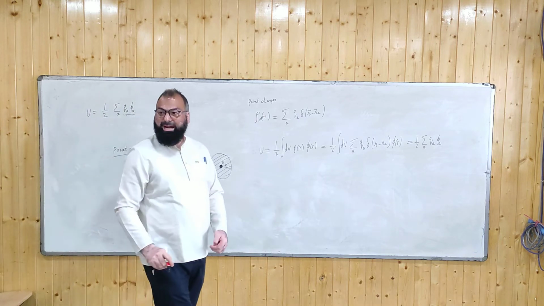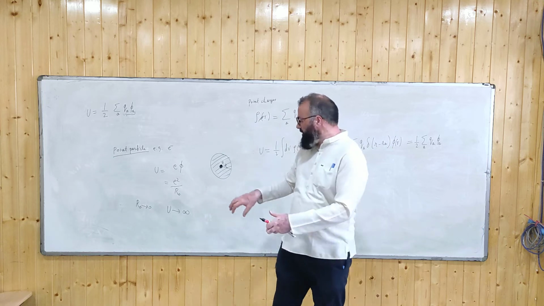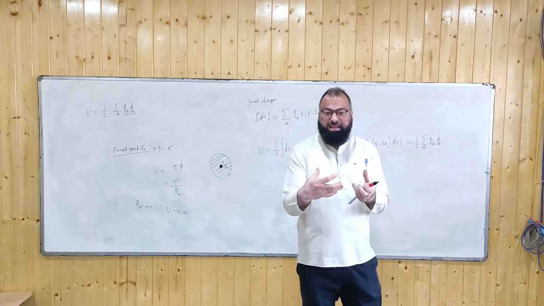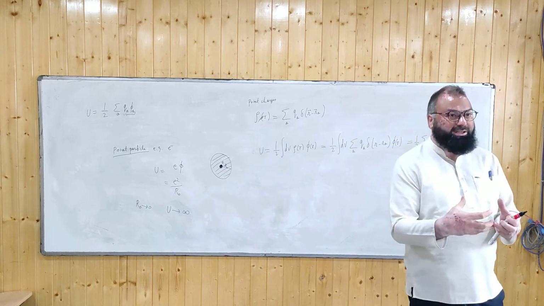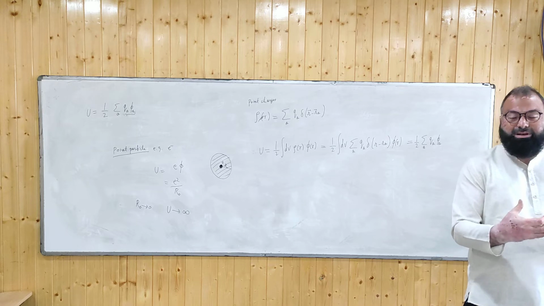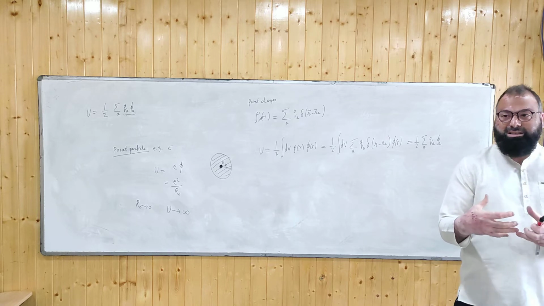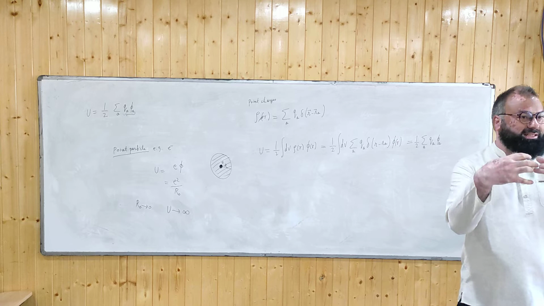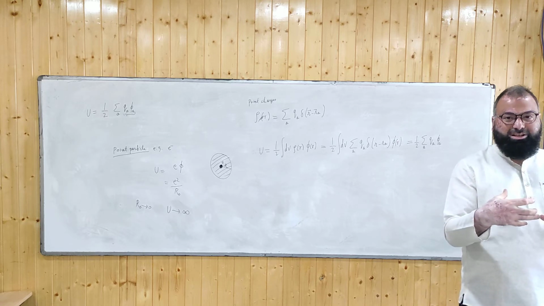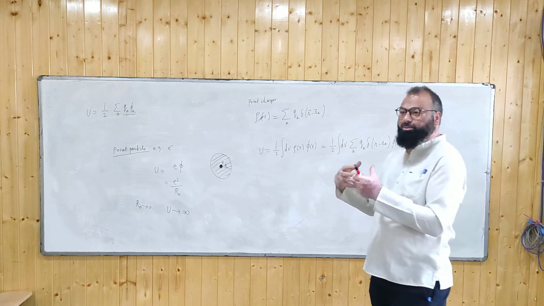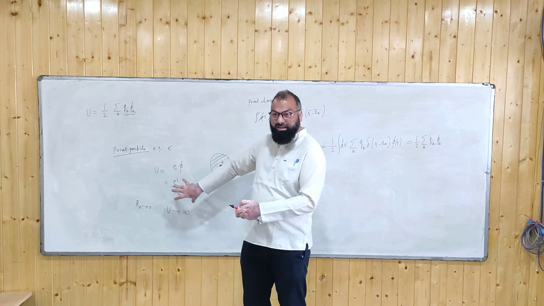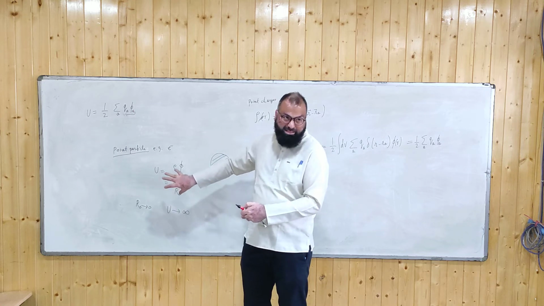You can call this potential energy a self potential energy because it is created within the vicinity of the electron, by the electron itself. You can think of it as the work done by the electron on itself. Clear? So in that sense we call it a self potential energy, or the self energy of the electron derived from classical electrodynamics.